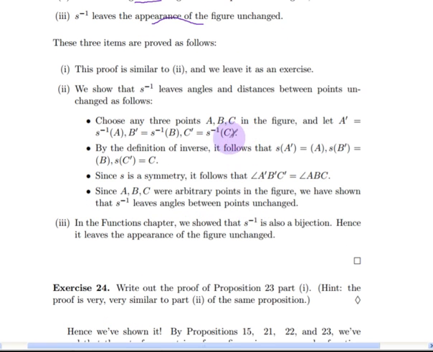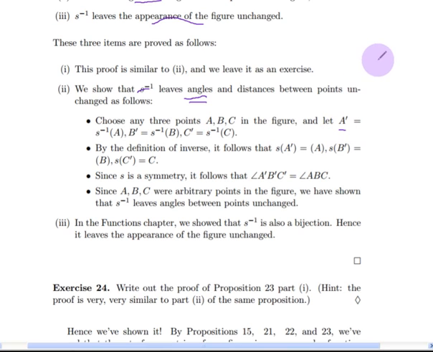Okay, so let's go and do these 3 points. The proof that S inverse leaves distance unchanged is going to be an exercise. So let's do the proof that S inverse leaves angles unchanged. Choose any 3 points in the figure. Let's do a figure here.